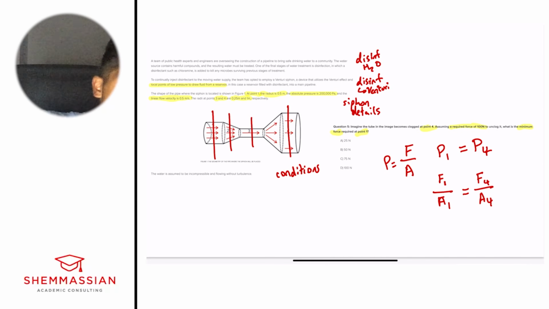So with this, it's a simple plug and chug. Force at point 1 is what we're looking for, right? Because that is what we highlighted here. Area at point 1, well, this was the pi r squared, pi times radius at point 1, 0.5 squared, F1 equals F4, and this is where we said 100 newtons, and area at 4 is pi times 1 squared.